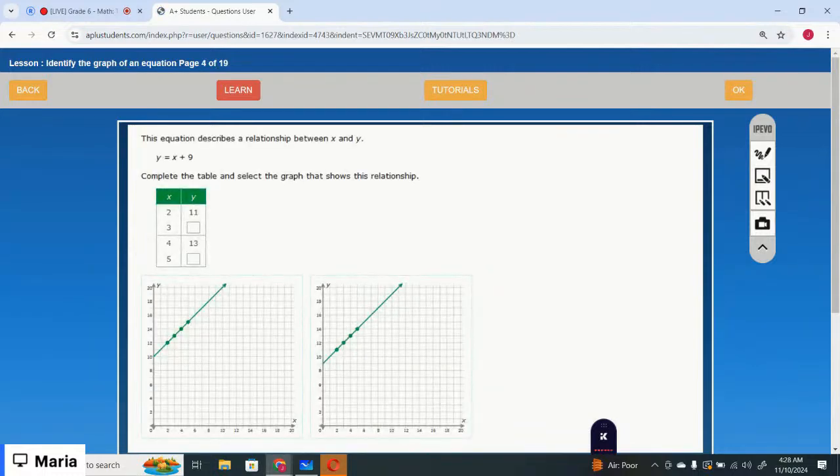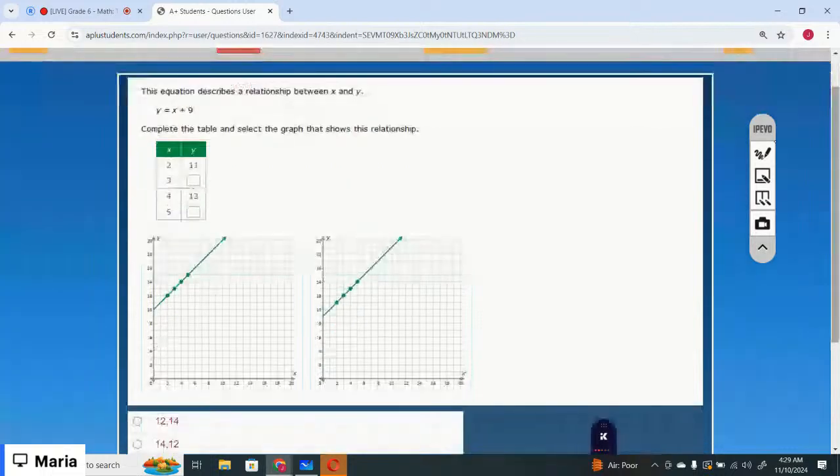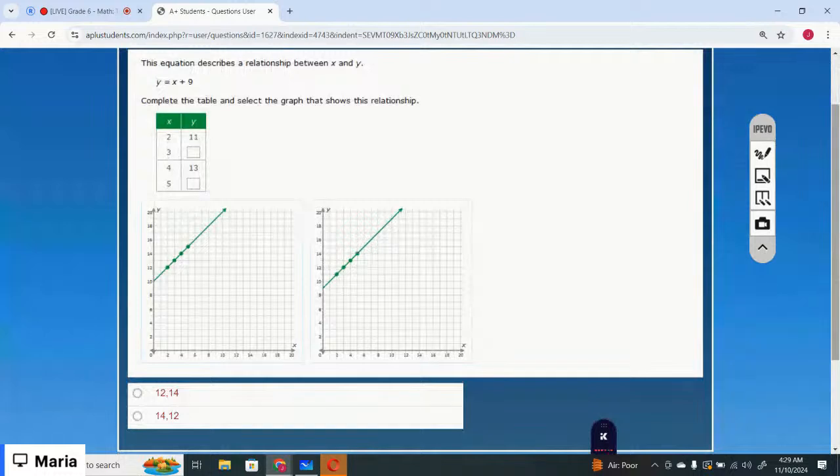This equation describes the relationship between x and y: y equals x plus 9. So which is the correct option?